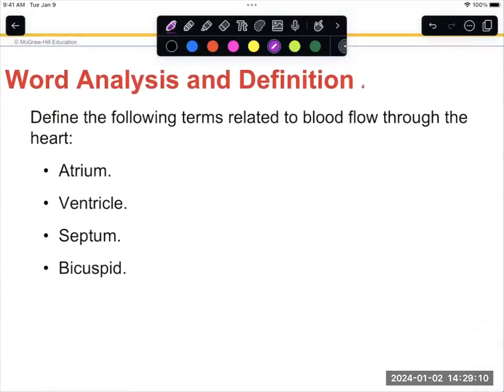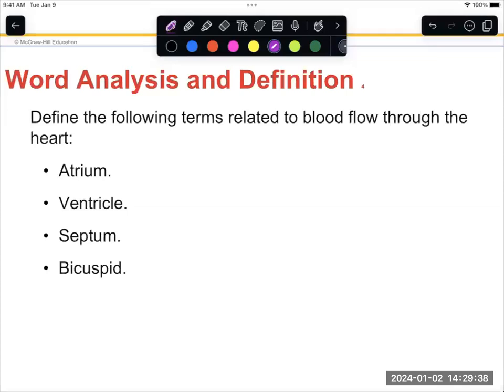Atrium. Atrium is a receiving chamber. So there are two atria in the heart, and this is where blood enters the heart on both the right and the left sides. The ventricles, in Latin meaning small belly, are chambers of the heart that pump blood out of the heart.